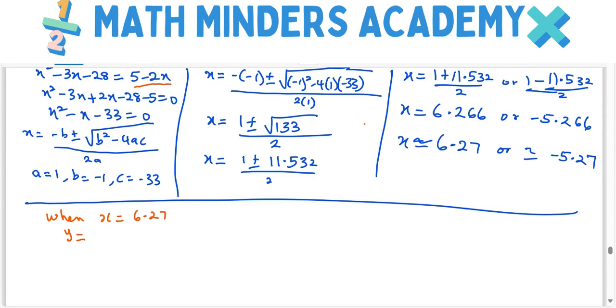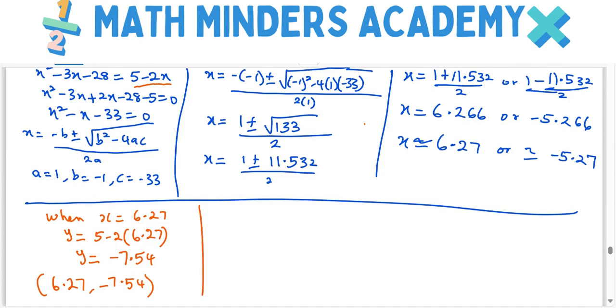So it's going to be 5 minus 2 times 6.27. So y will become minus 7.54. So we now have this coordinate: 6.27, comma, minus 7.54.